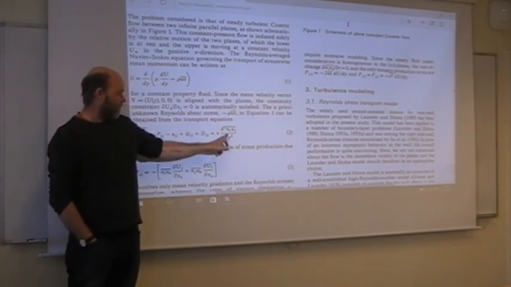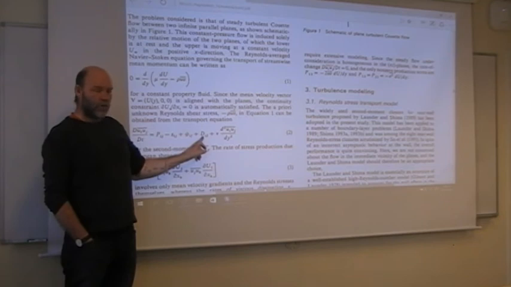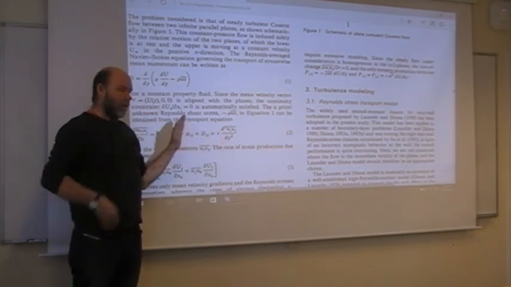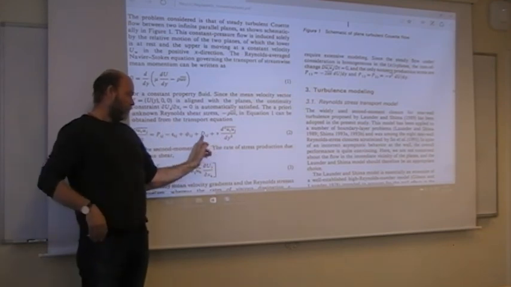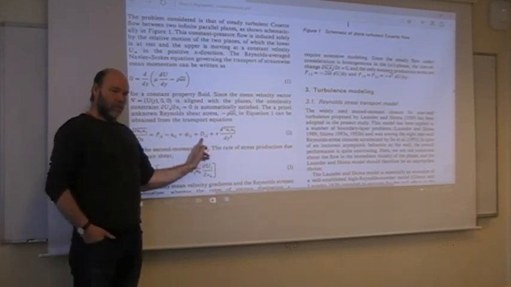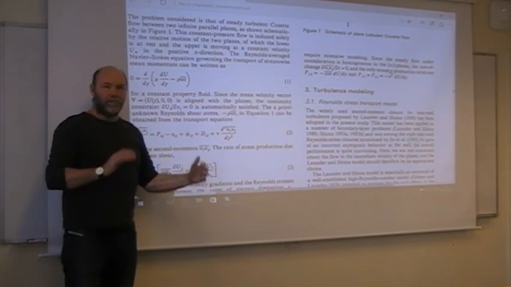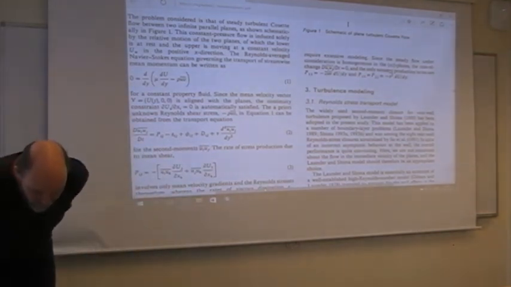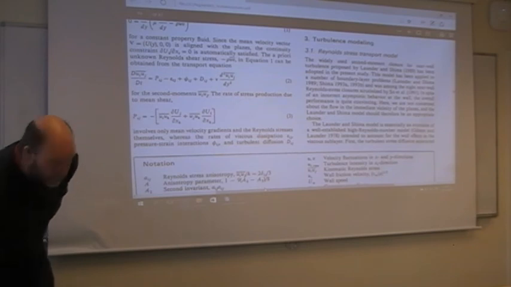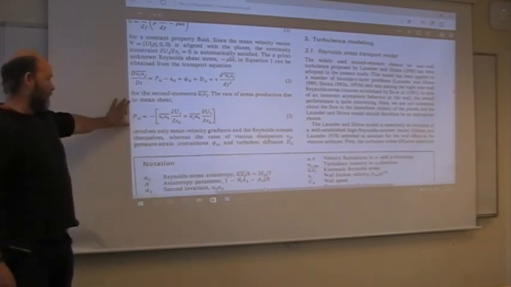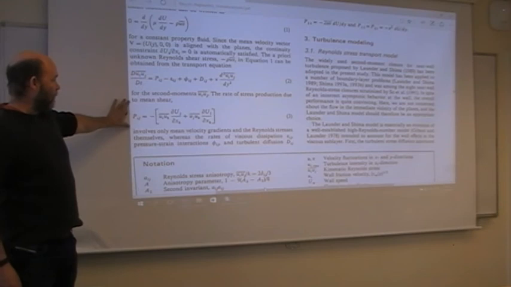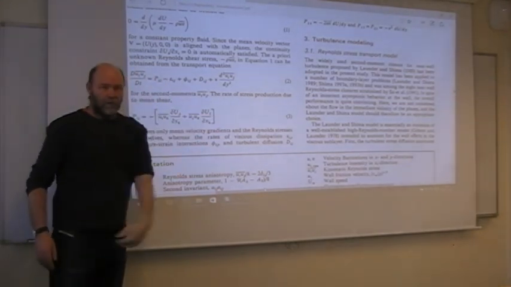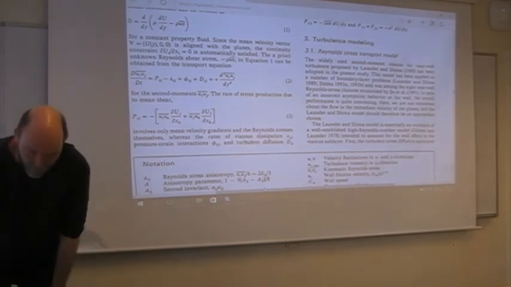Or you can even include it into the diffusion term, because you can always write this term as a d/dy of something. That's sort of a diffusion term, the space derivative in front. But that's just a definition here. So again, the production term is exact, it's correct. No need to model that one. But for the rest, they have to be modeled.